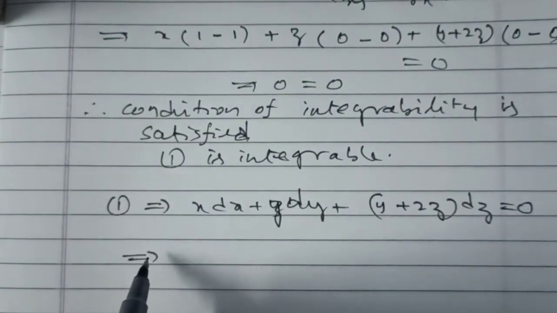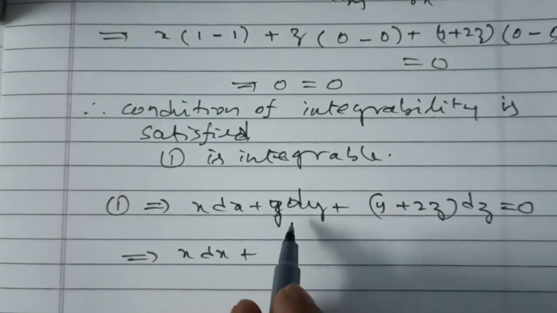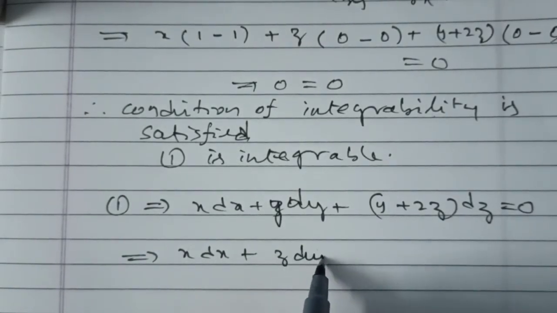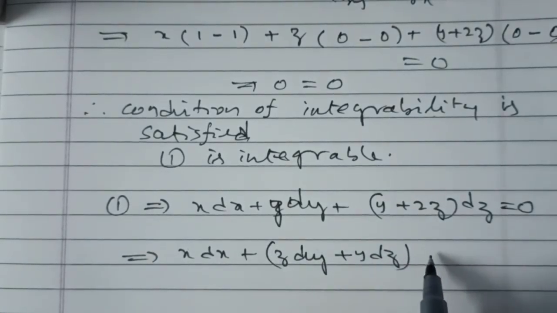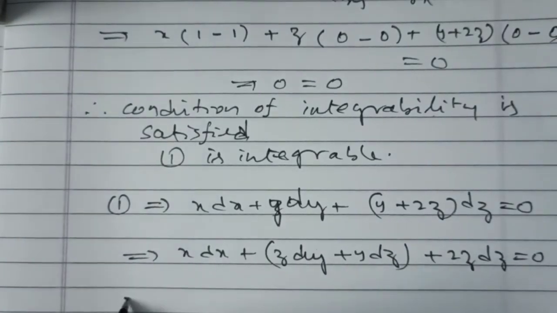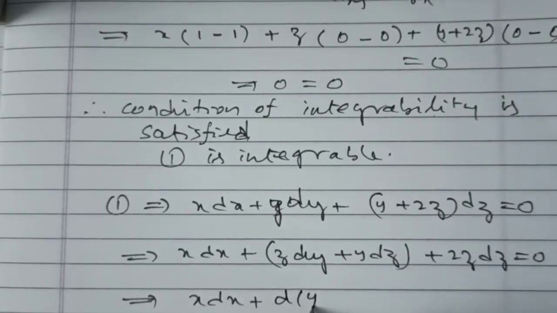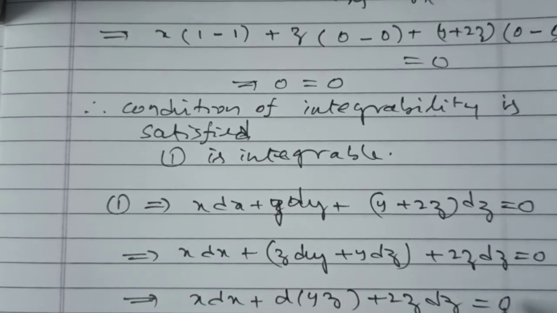This implies x dx plus z dy plus y dz plus 2z dz is equal to 0. We are regrouping the terms. This is x dx plus d of yz plus 2z dz is equal to 0.